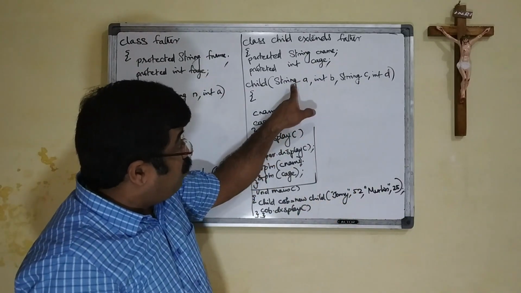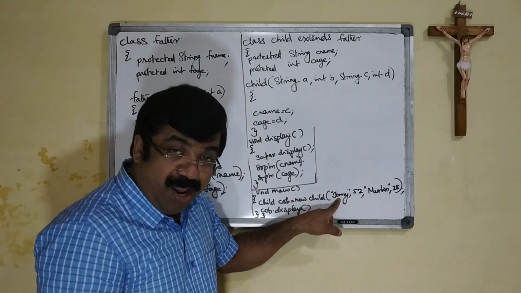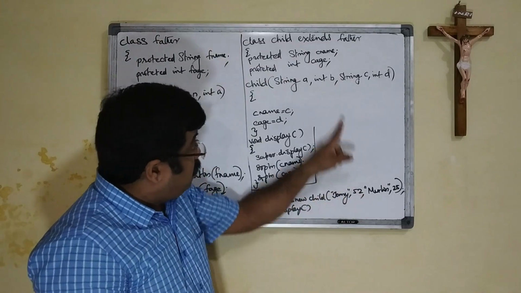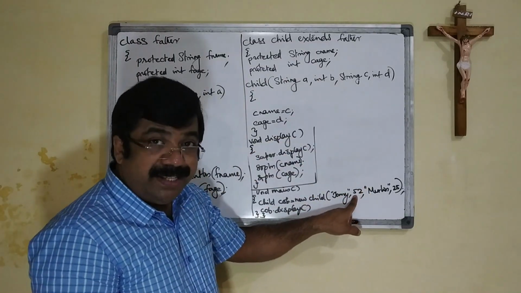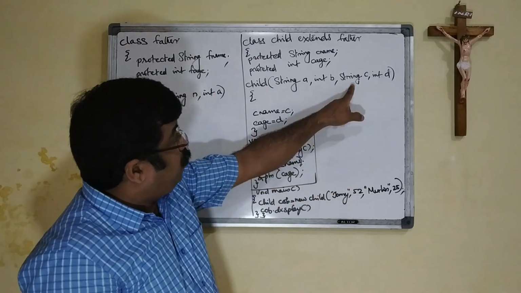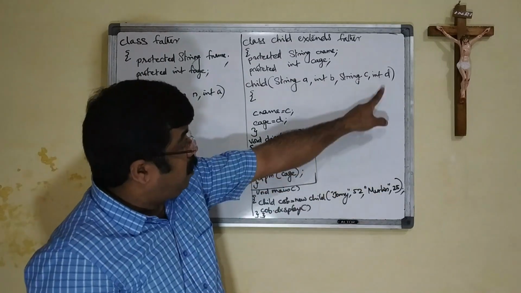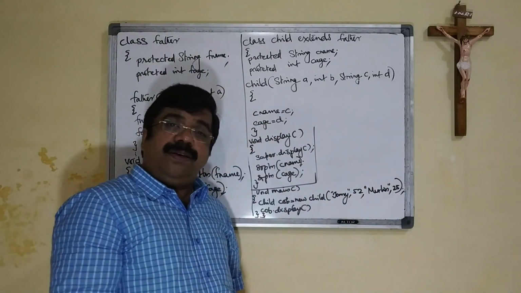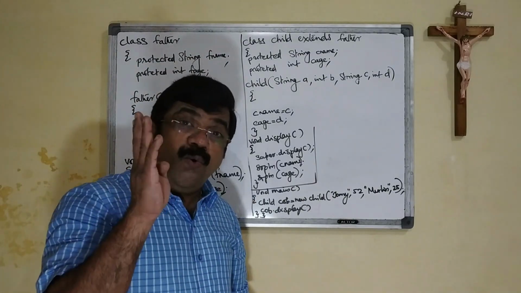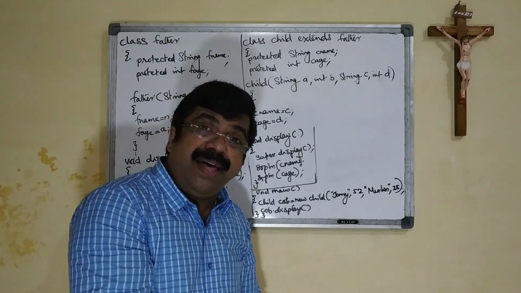Since the first argument is a string, I gave a string argument here. Next one is an integer. Third one is a string, and again an integer. So we are collecting 4 arguments while we are creating the object.